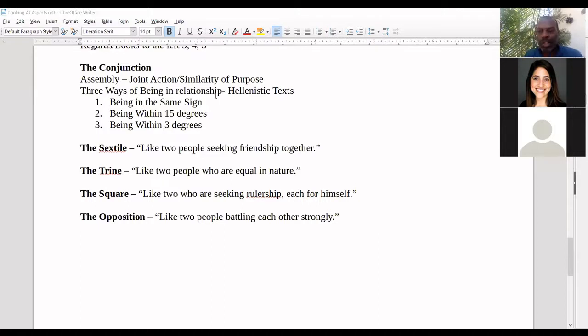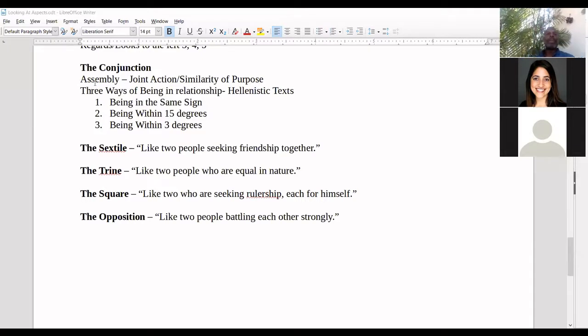Let's talk about the conjunction. So one of the things that I found in this book that's really fascinating, because one of my pet peeves is everybody's obsession with stelliums. Lily and I talk about it because Lily has one, or she has something similar. And this book calls this collection of planets that are in the same sign an assembly.